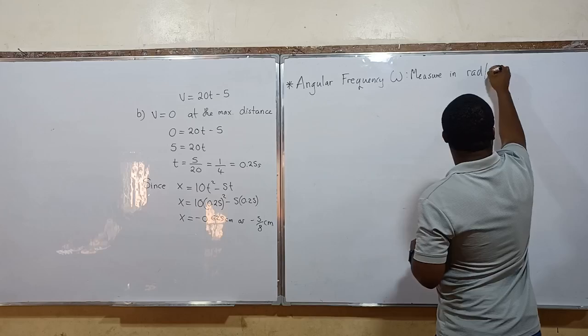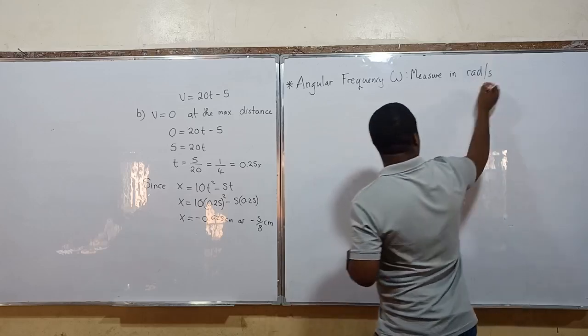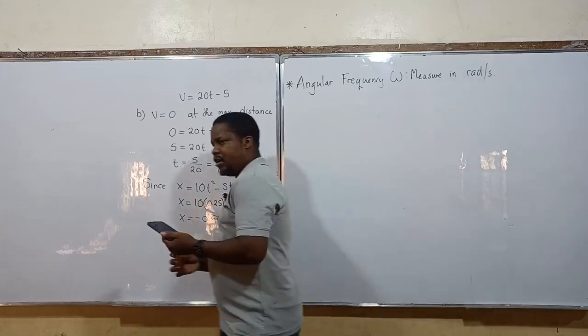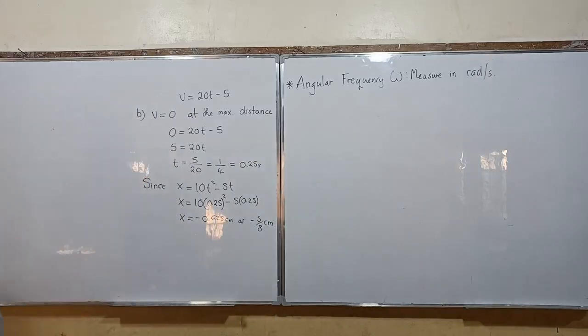A radian is just a measure of a certain angle. Just like we measure degrees, you can also measure angles in terms of radians.